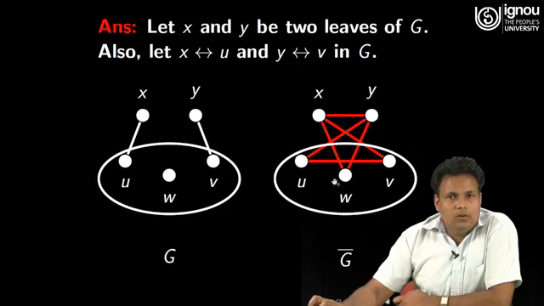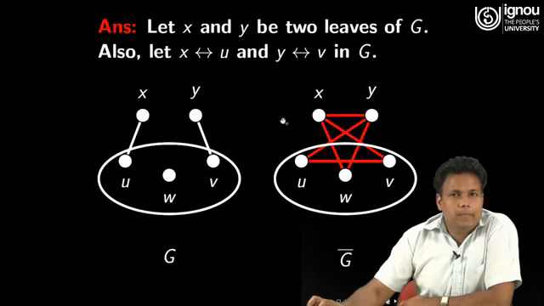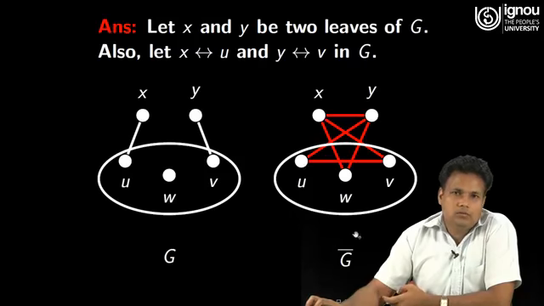Similarly, you consider any vertex here. So, all the vertices in G bar except u and v have degree at least 2. So, the only 2 possible vertices for leaves are u and v, and that proves that G bar has at most 2 leaves.